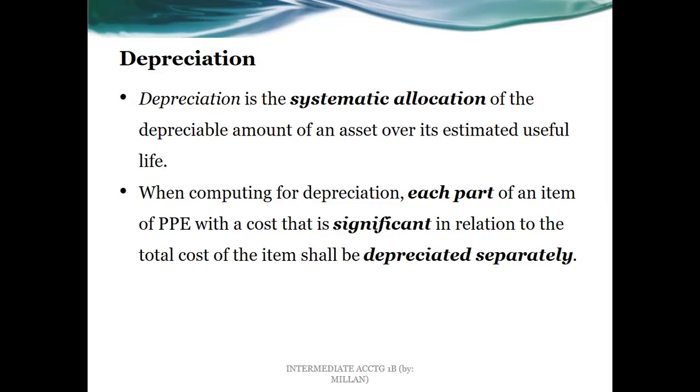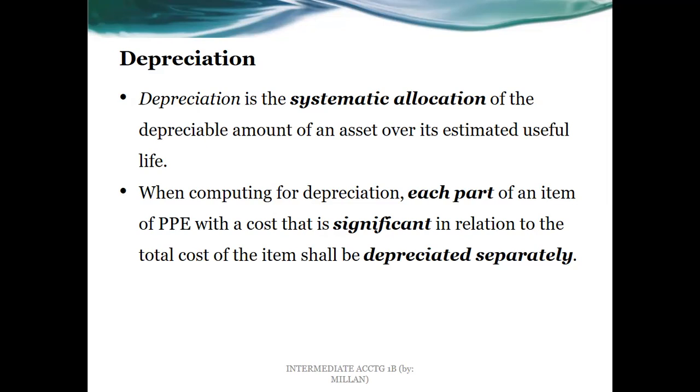Hopefully it's clear that we do the depreciation because we are aware, hopefully, that the value of a property, plant, and equipment would basically decrease over time, and that its functional capability would also decrease. So that's why we have to do the depreciation concept or method.